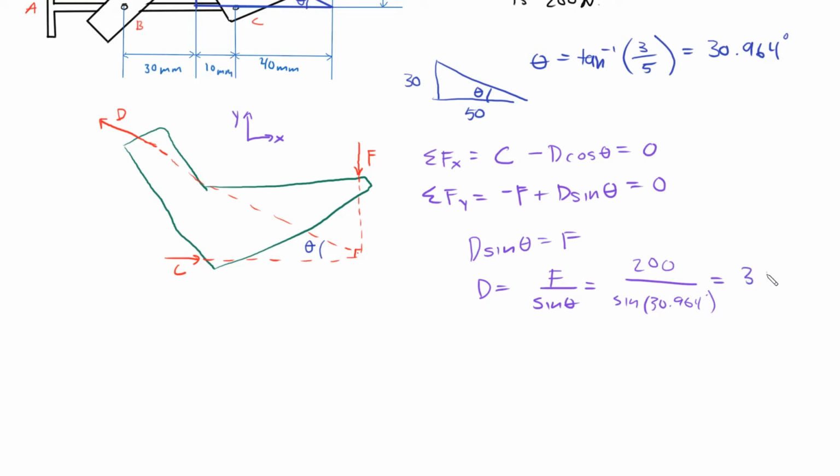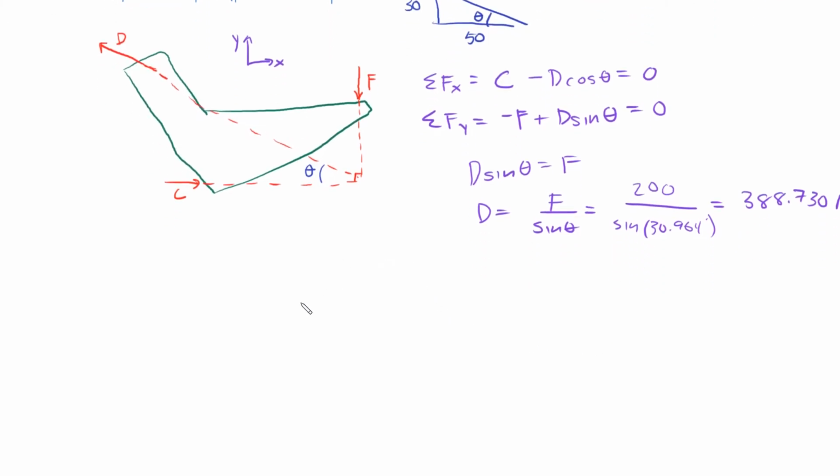So D equals F divided by sine theta, which is 388.730 newtons. Now that we have that, we can find the reaction force at C. C equals D cosine theta, so that's 388.730 times the cosine of 30.964 degrees, which equals 333.332 newtons.